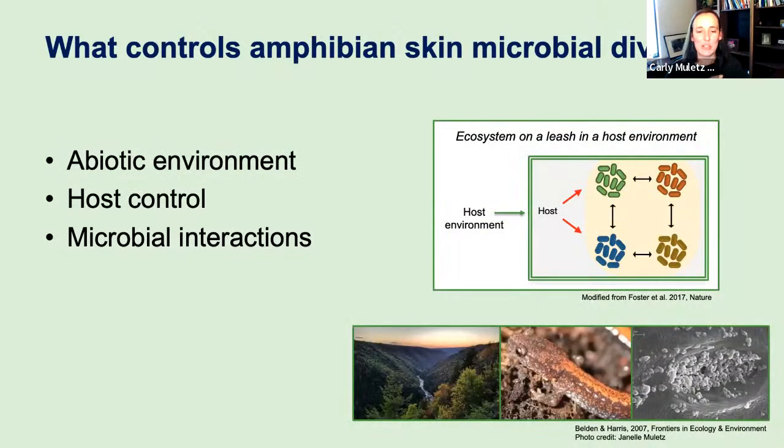Okay, to wrap up here in the last few minutes, to talk about what we've covered in the seminar, and thanks again for listening, everybody, is that the abiotic environment is important, that we should think about the ecosystem on a leash in a host environment, and that there are important host control mechanisms happening, as well as microbial interactions.